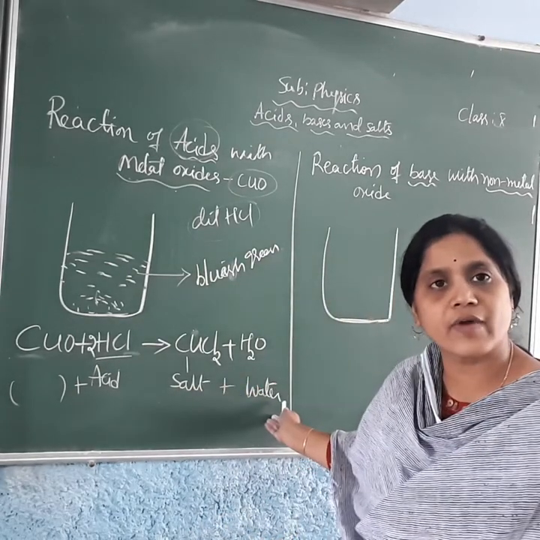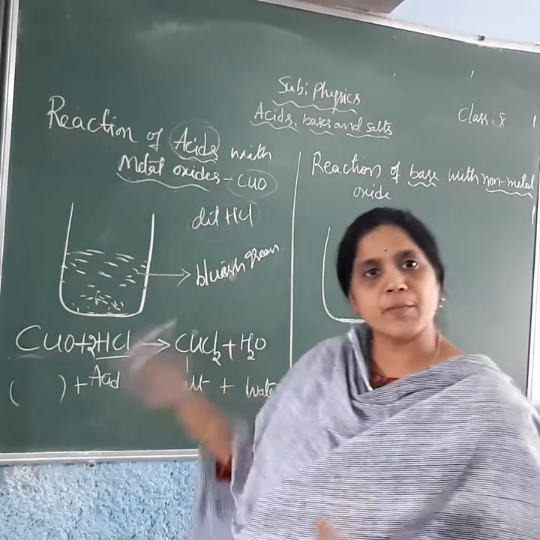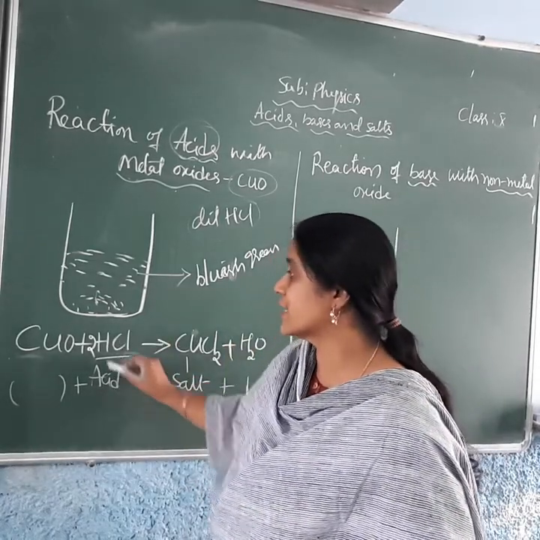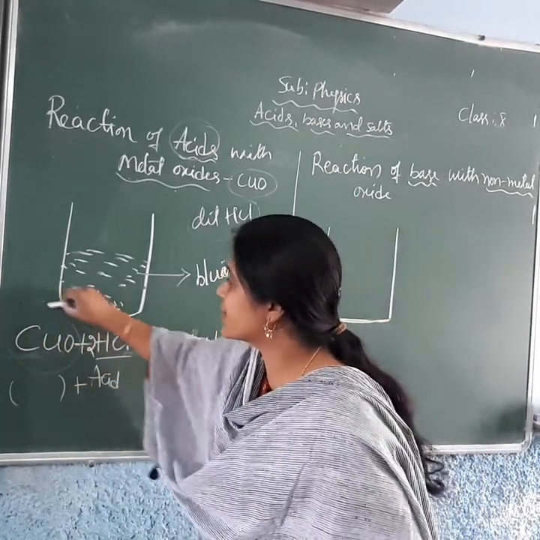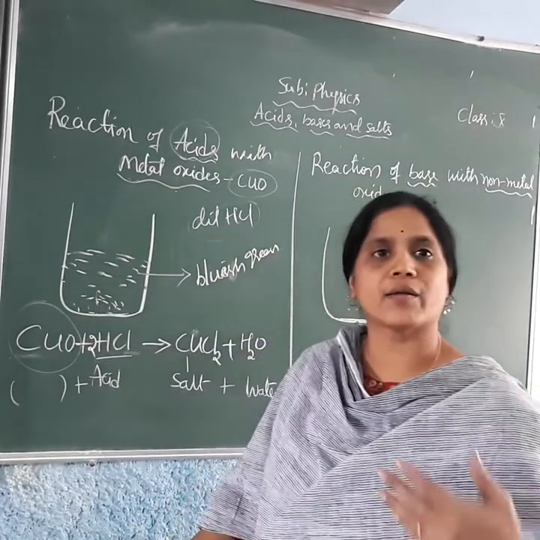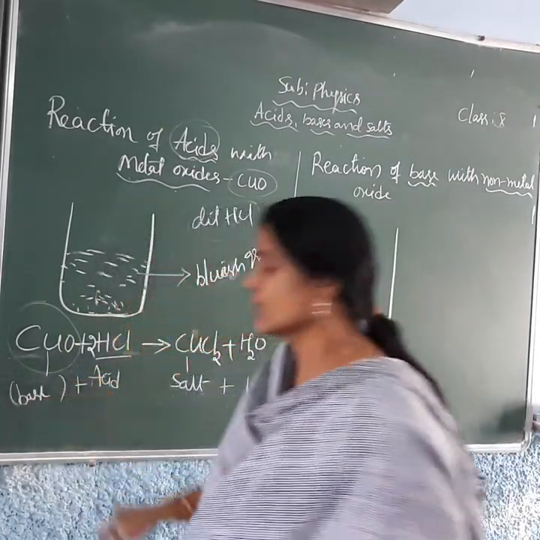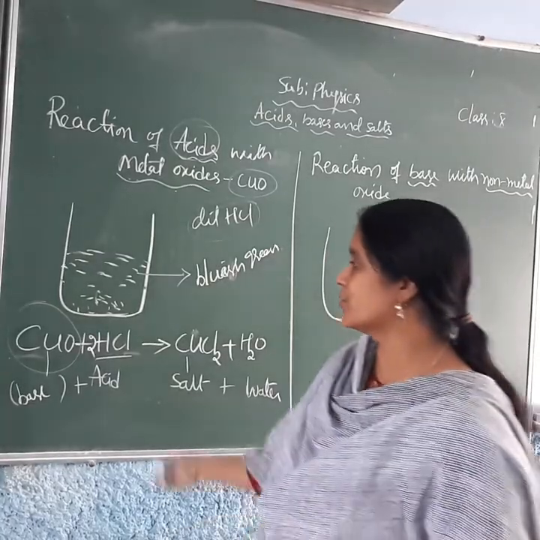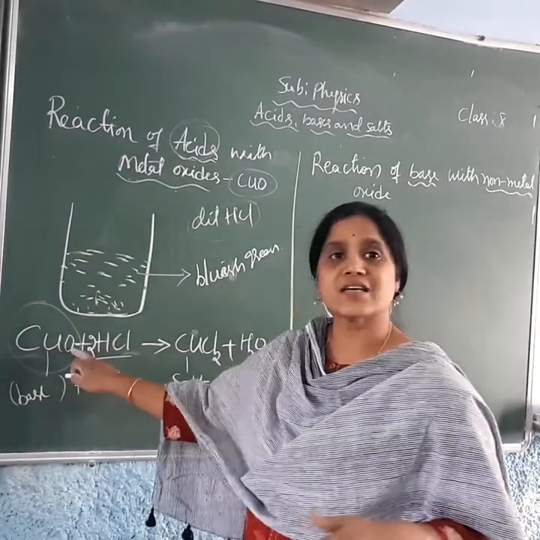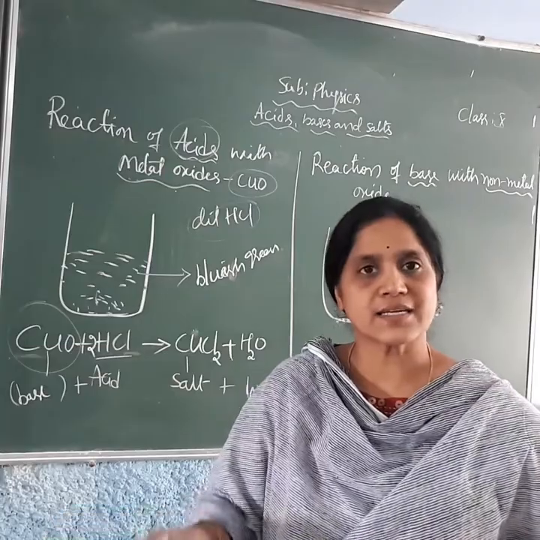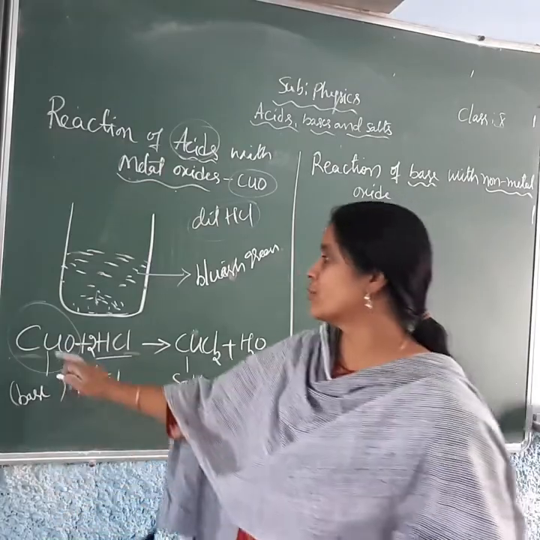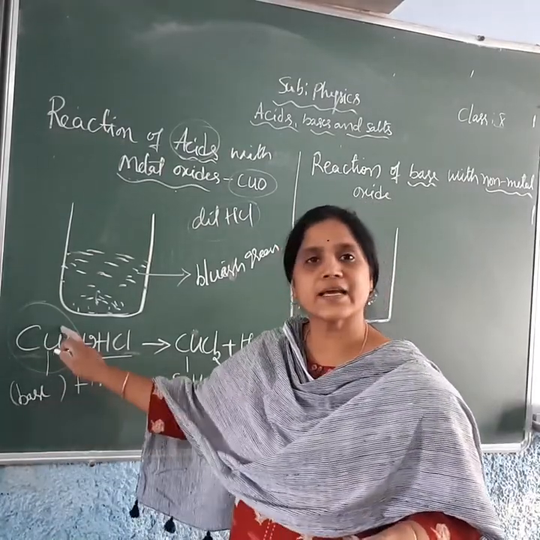When do we get salt and water? When acid and base combine. So here acid is there, so here copper oxide is behaving as a base. They may ask you: metal oxides are dash in nature, acidic, basic or neutral. So metal oxides are basic in nature.